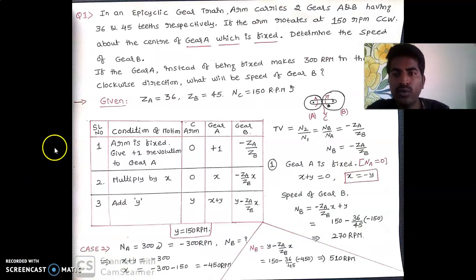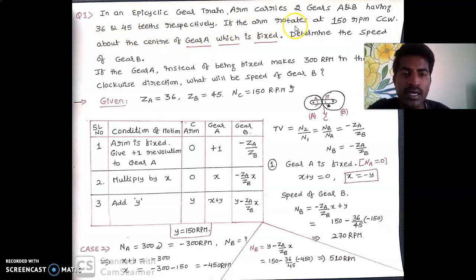Okay, we will see one question on the tabular method of finding the gear trains. So now, in an epicyclic gear train, arm carries two gears A and B having 36 and 45 teeth respectively. So now, the gear A has 36 teeth, gear B has 45 teeth respectively.